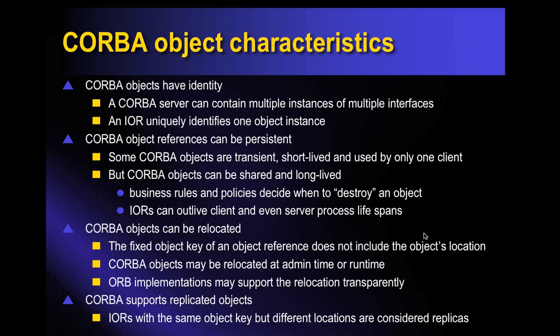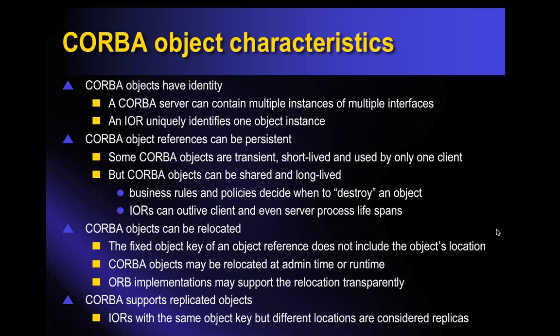You still have the interface in a CORBA environment, but you've got objects that can outlive certain applications. You have instances of objects that can actually be persistent. So CORBA objects can share business rules, business policies, decide when to destroy an object, when to destroy itself, can outlive clients and servers, and so on.